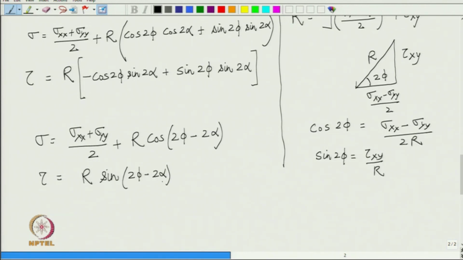Now, can you see the formula became really simple now? So, let us box this.